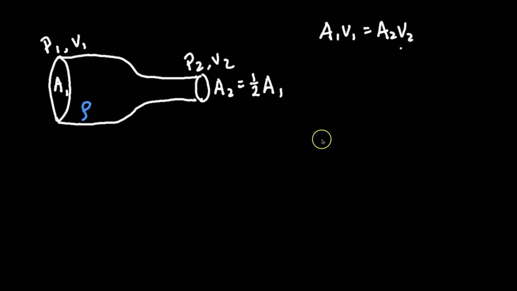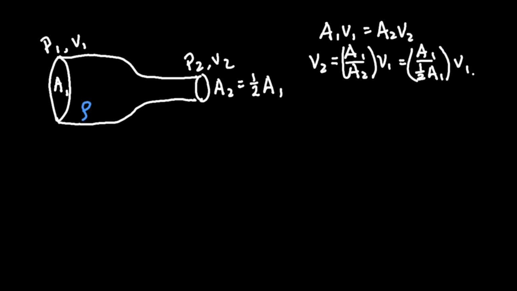So to solve this, we're going to use the continuity equation. A1V1 is equal to A2V2. We're going to first isolate V2, so we're going to divide by A2 on both sides, and we get that V2 is equal to A1 over A2 times V1. Now we know that A2 is half of A1, so we can substitute that in there, and you'll notice that the A1s cancel out.